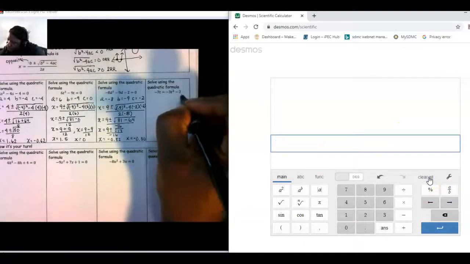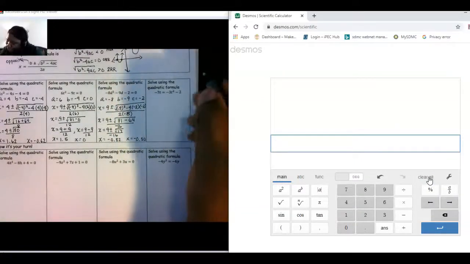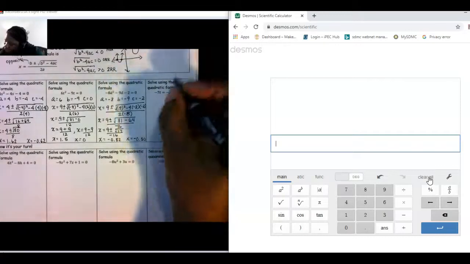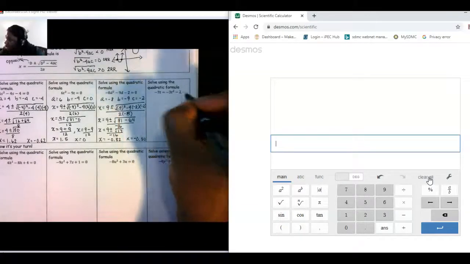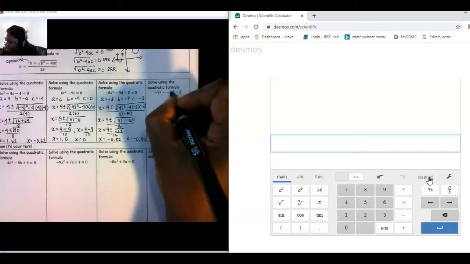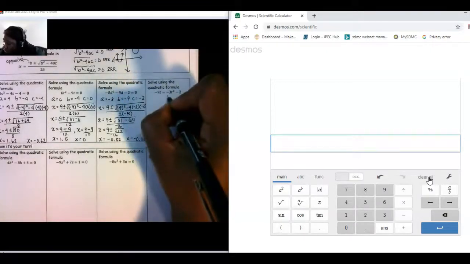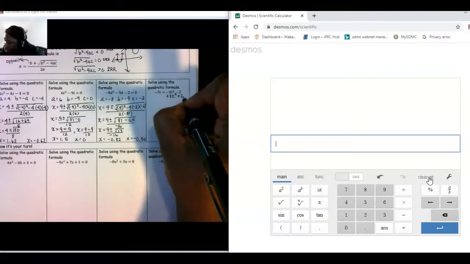So, first off, this is supposed to be written in standard form. It's not. So we've got to put it in standard form. I'm going to move everything over to the left side. You could leave it on the right side if you wanted to. I just don't want to have a negative a, and that's just preference. So I'm going to add 3t squared and add 2.